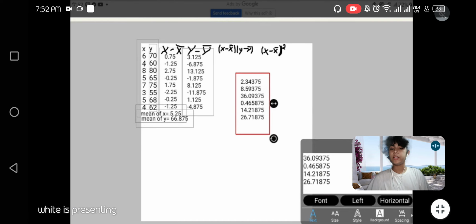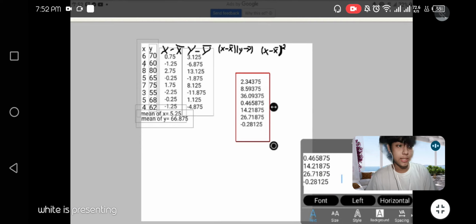So, ang nangyari dito is negative times positive, kaya maging sign natin is negative. So, ang answer is negative 0.28125.